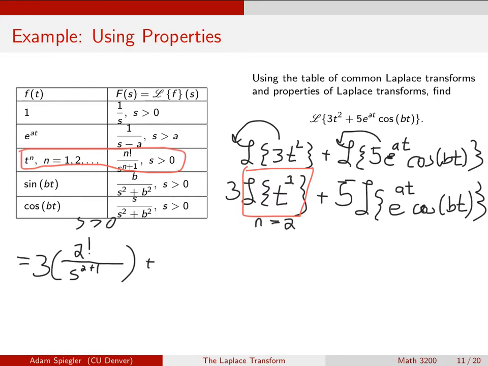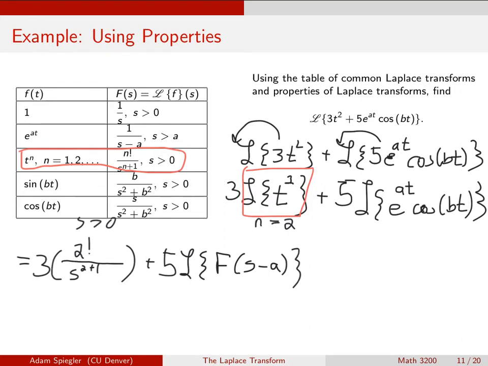And now we can add to that 5 times the Laplace transform of e to the at times the cosine of bt. And for this one, we can use the fact that this is going to equal a shift of the Laplace transform of the cosine of bt.